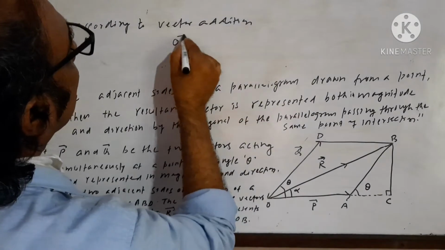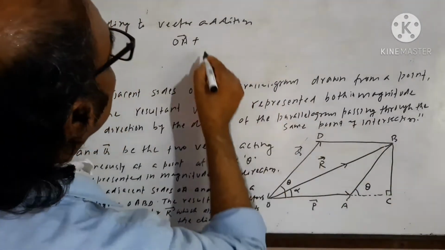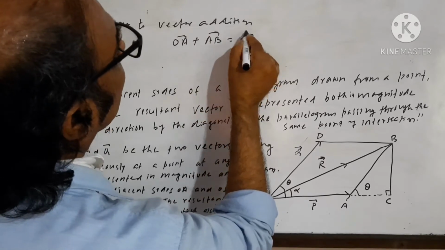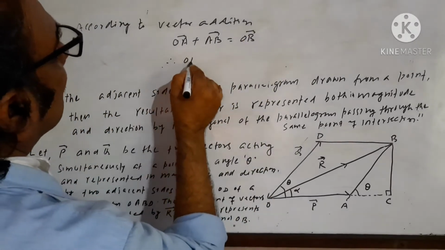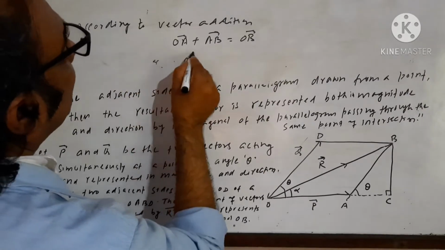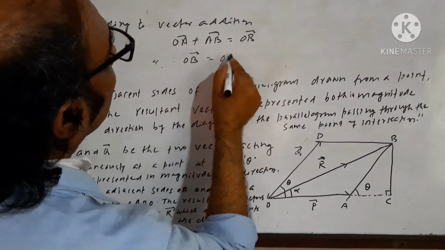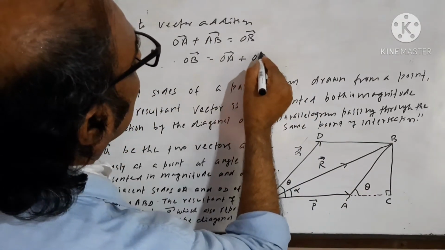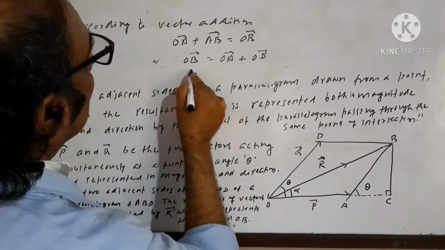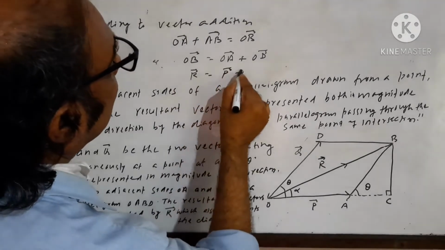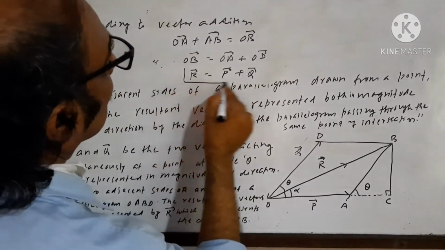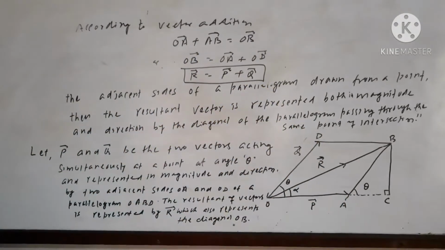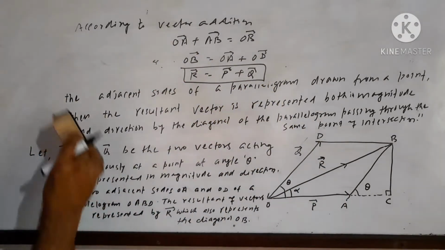So OA plus AB equals OB. It is also written as OB equals OA plus AB, meaning OD, and hence R equals P plus Q. So this is the sum of the two vectors P and Q, inclined at angle theta to each other. And now find the magnitude.